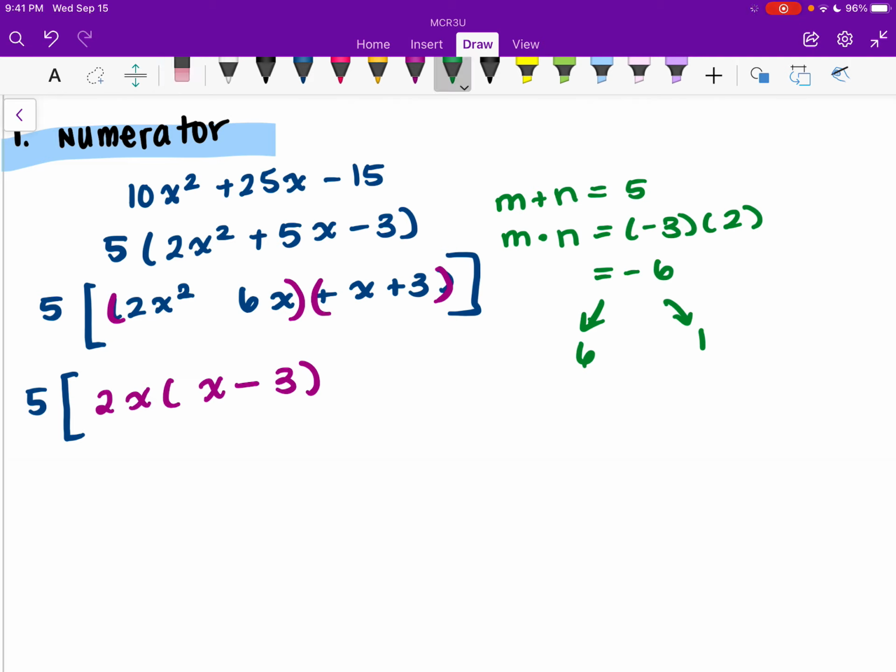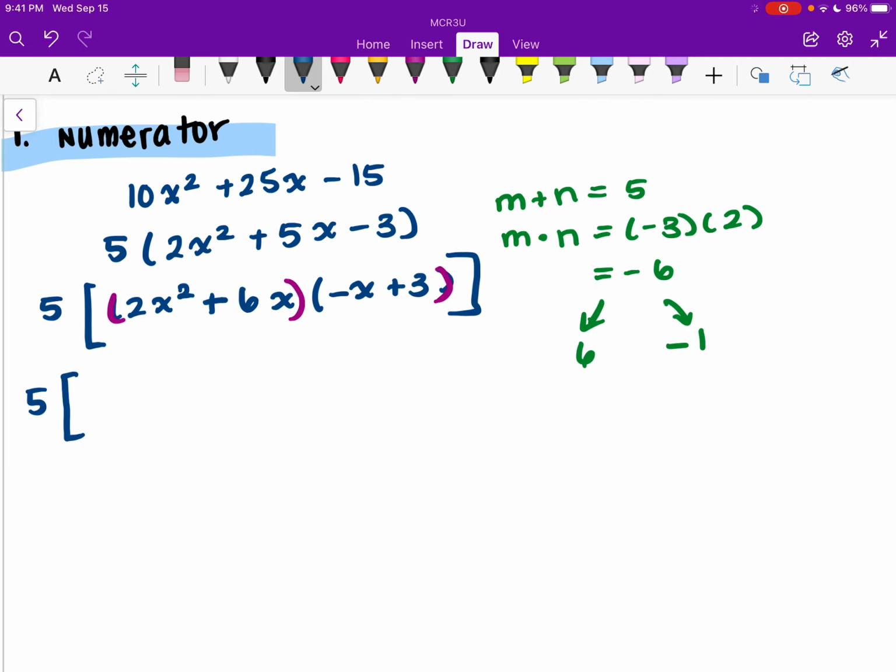It should be positive 6 minus 1. Sorry. So this should actually be a positive, and then this should be a minus x. So that changes things here.